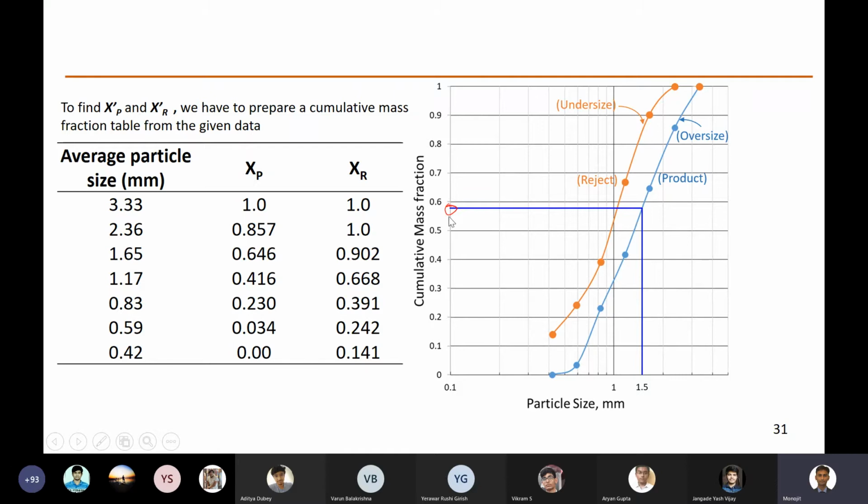What would be this value? The mass fraction in the product stream, product mass fraction. You are close by. It's the mass fraction of your desired material in the product stream. What is your desired material?